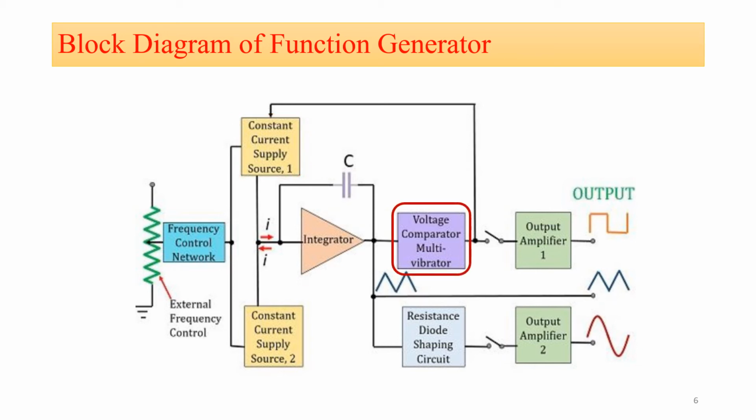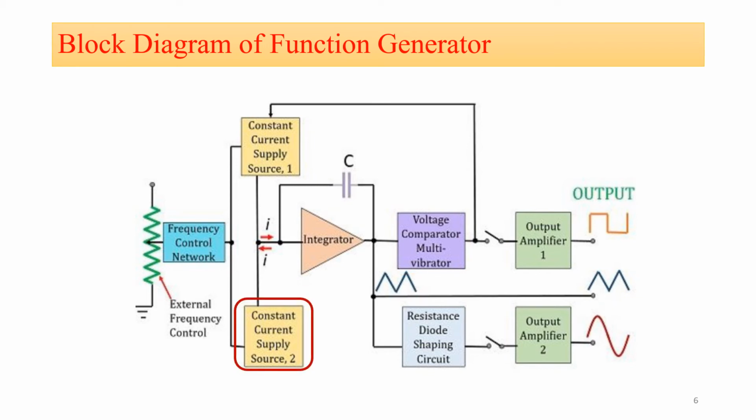Now the voltage comparator multivibrator circuit changes the state of the network when the output voltage of the integrator equals the maximum predetermined upper level. Because of this change in state, the upper current source is removed and the lower current source is switched on.